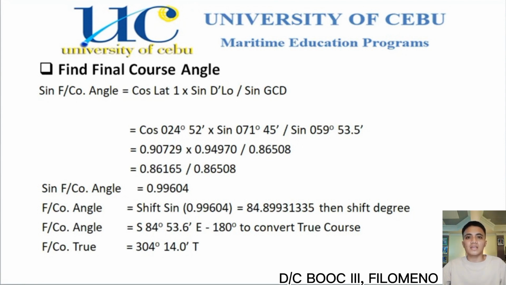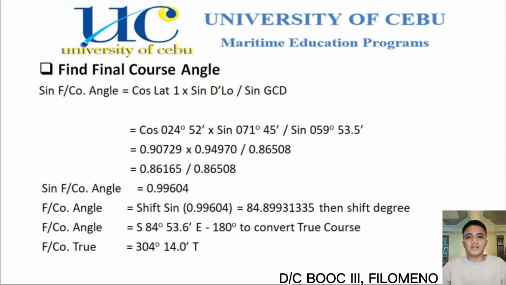Final course angle equals shift sine of 0.99604, which is equal to 84.89931335, then shift degrees. The final course angle is south 84 degrees 53.6 minutes east, and minus 180 degrees to find the final true course.